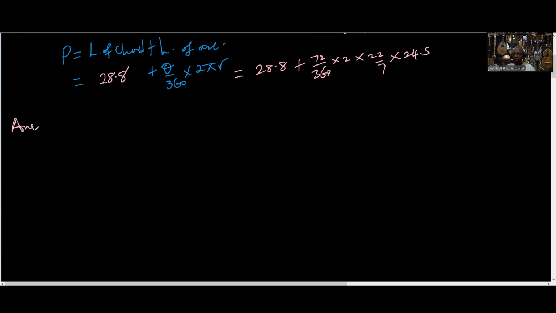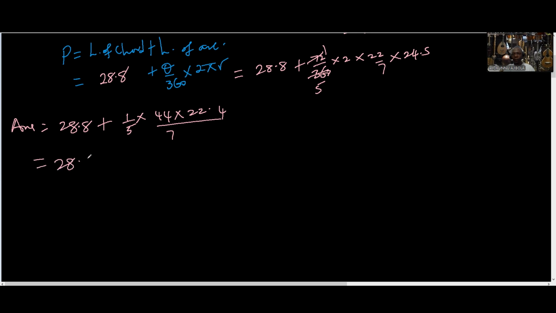So the answer will be 28.8 plus 72 over 360, that's 1 over 5, times 44 times 24.5 over 7. So let me multiply and divide by 35.